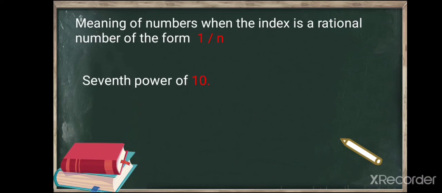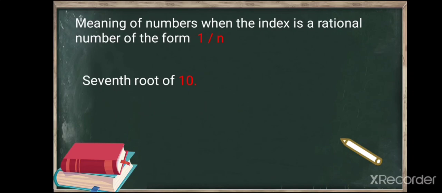Let's see the next one. 7th power of 10. So here 10 is the base and 7th power is the index. So let us convert it into index format. We will get 10 raised to 7. Let us find out its exactly opposite action, that is 7th root.